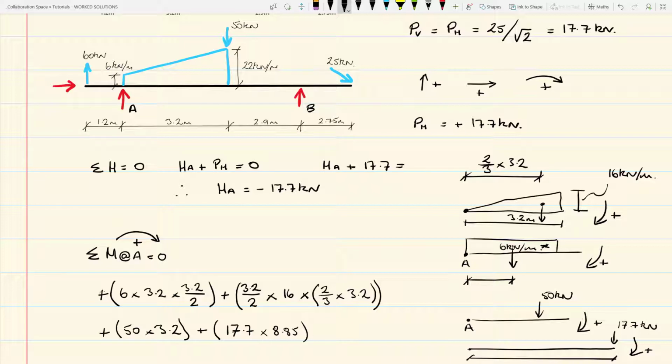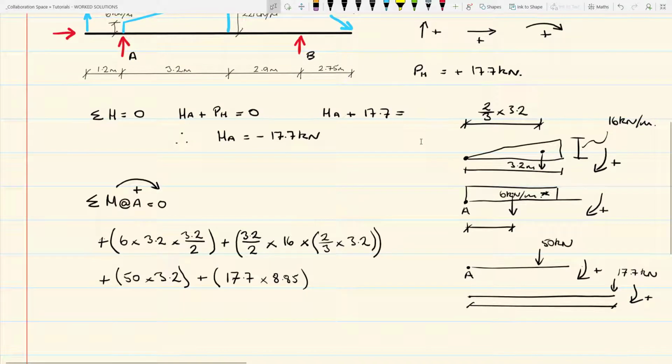And the last load we have to consider is the point load to the left-hand cantilever. And again, if we consider point A, we have a portion of beam. Notice it's going the opposite direction, so we have A here. We have the point load acting vertically up. It is also going clockwise.